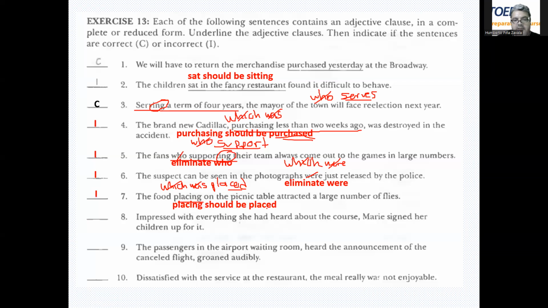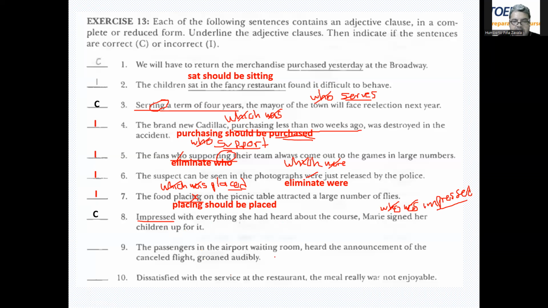So it should be like that, you know, not placing, but placed. Impressed with everything she had heard about the course, Mary signed children up for it. Fine. So Mary, who was impressed. So we eliminate who, we eliminate the verb be, we just leave that.